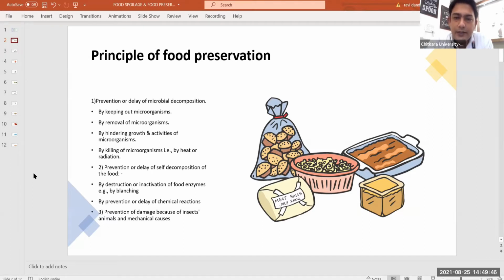That can be done by destruction or inactivation of food enzymes, because food enzymes ultimately make the product susceptible to microorganisms, and we should deactivate those enzymes so that there is no attack of microorganisms on the food.